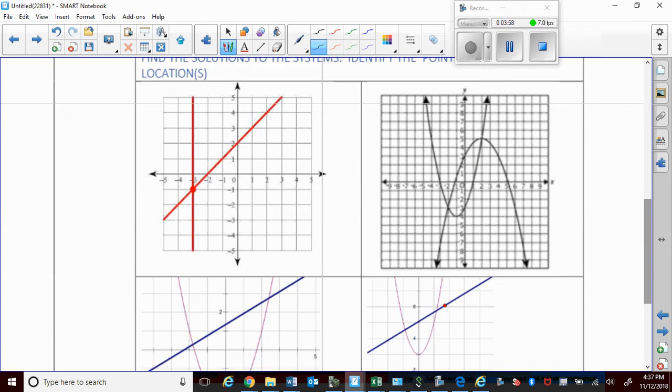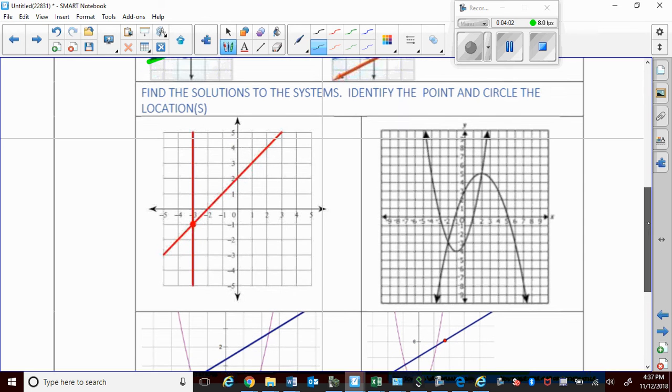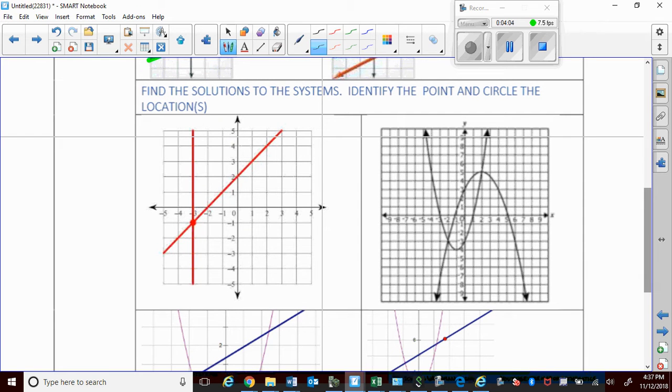Okay? Now, it's a little bit easier to see here, so the directions say, find the solutions to the system, identify the point, and circle the location. My intersection, I only have one intersection. This location, we're going to say x, comma, y, maps onto -3, comma, -1.